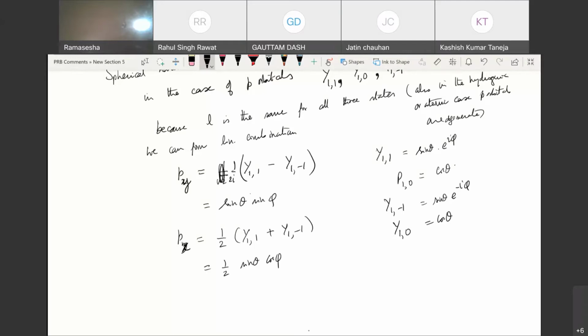So you see that these are cos, sin, x, sin.